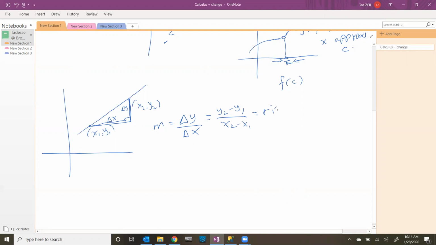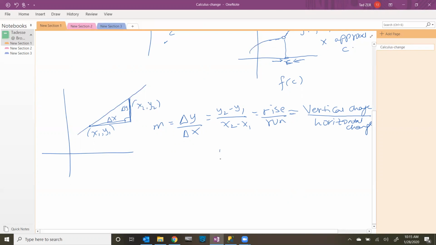This is nothing but the rise over run, or vertical change divided by horizontal change. So you can see here, if it is a line, I can find the slope of the line.